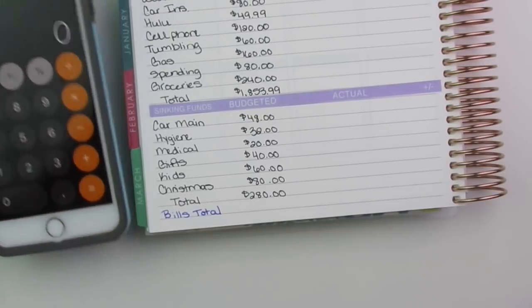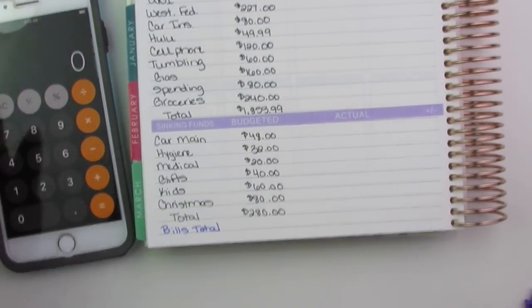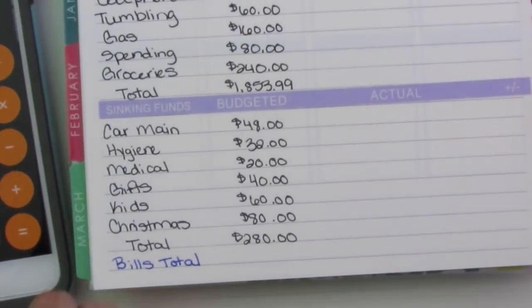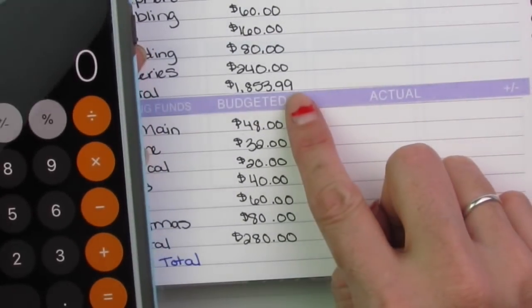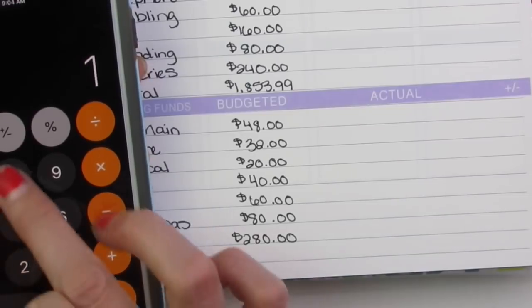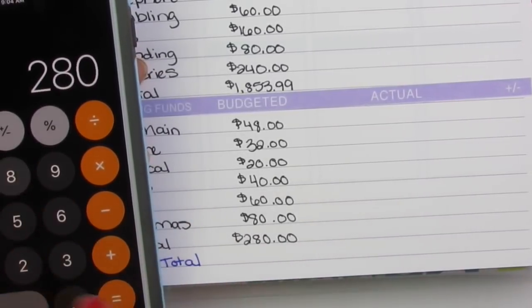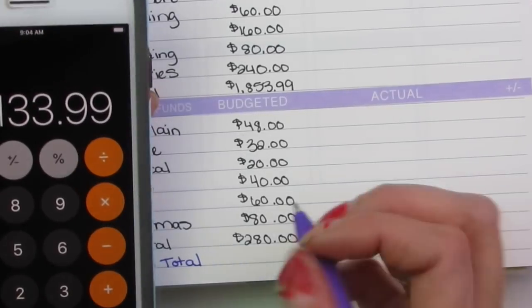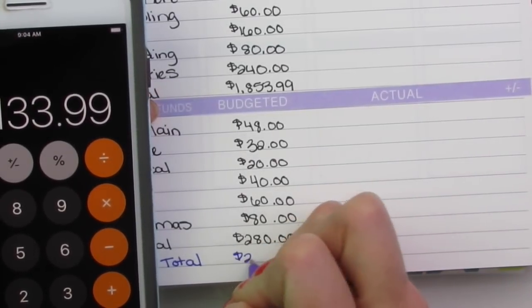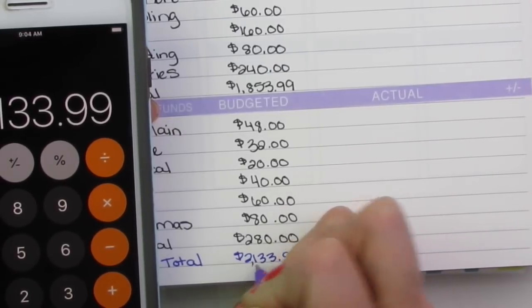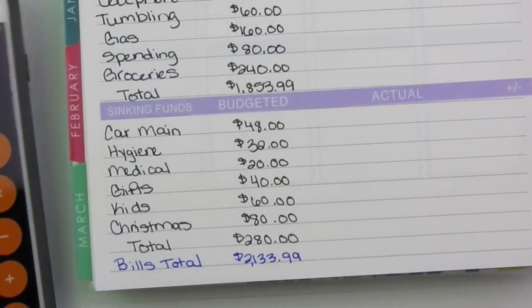Let me zoom in so you can actually see what I'm talking about. That is going to be this amount here plus this amount here. 1,853.99 plus 280 is $2,133.99. So that is my bills total.